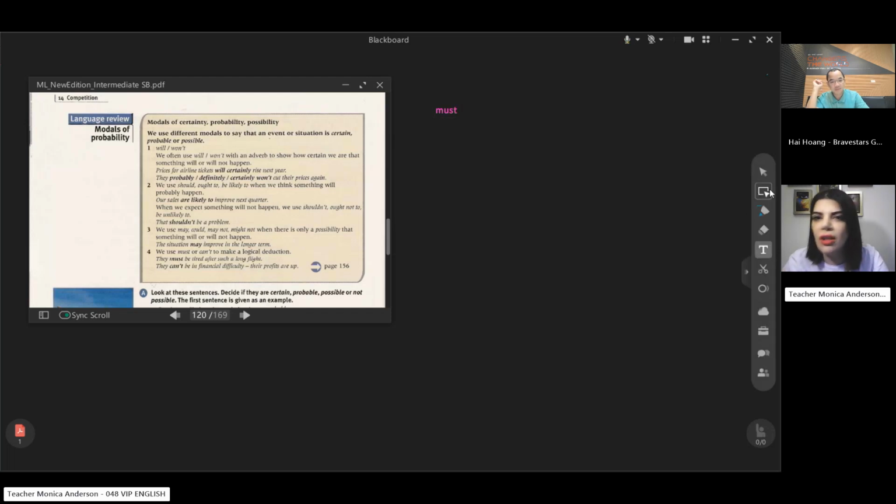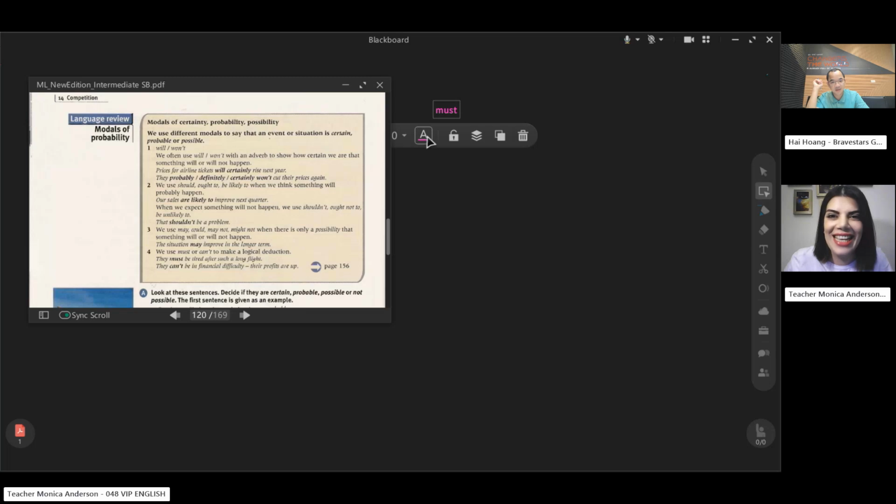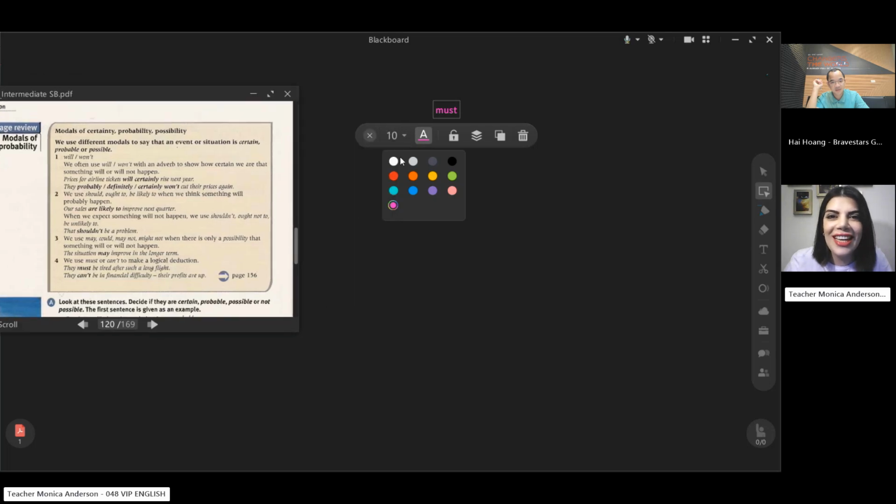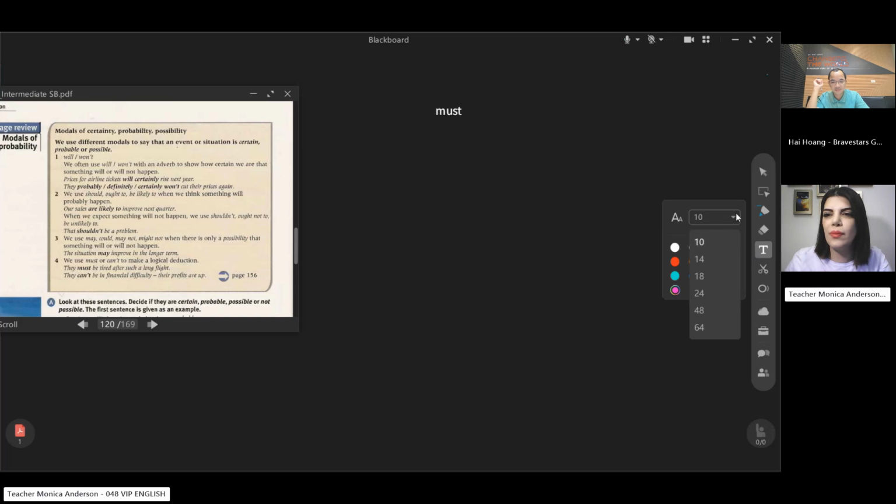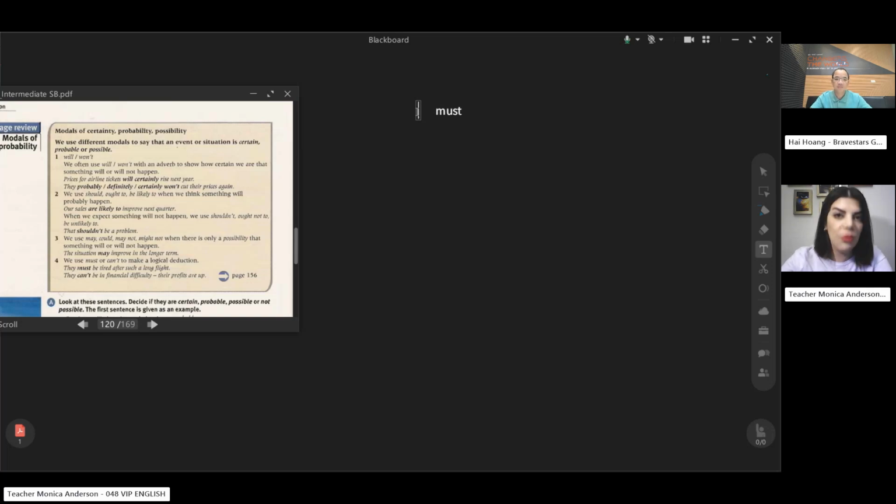Let me change the color. So you know that the first modal that shows a high degree of confidence is must, and we use it for present.